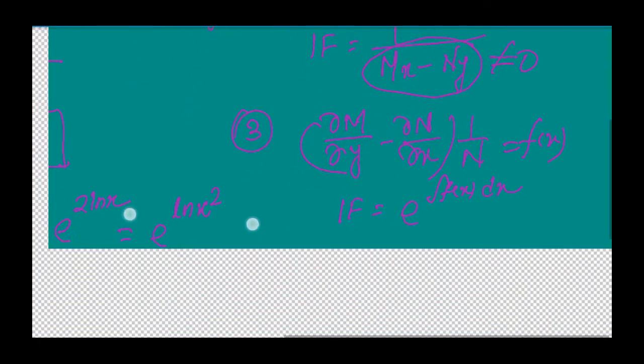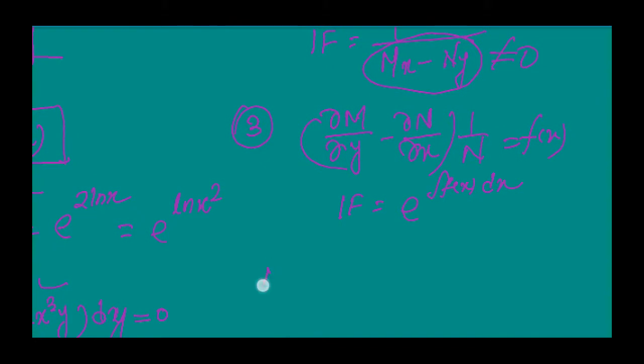And similarly, another condition is (∂N/∂x − ∂M/∂y)/M is equal to f(y), where it is a function of y. So here the integrating factor is e to the power ∫f(y) dy, in terms of y this is taken.